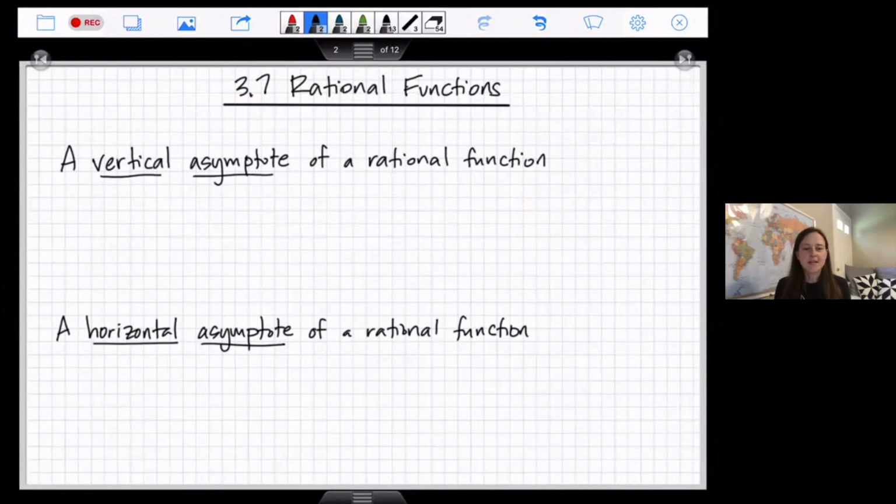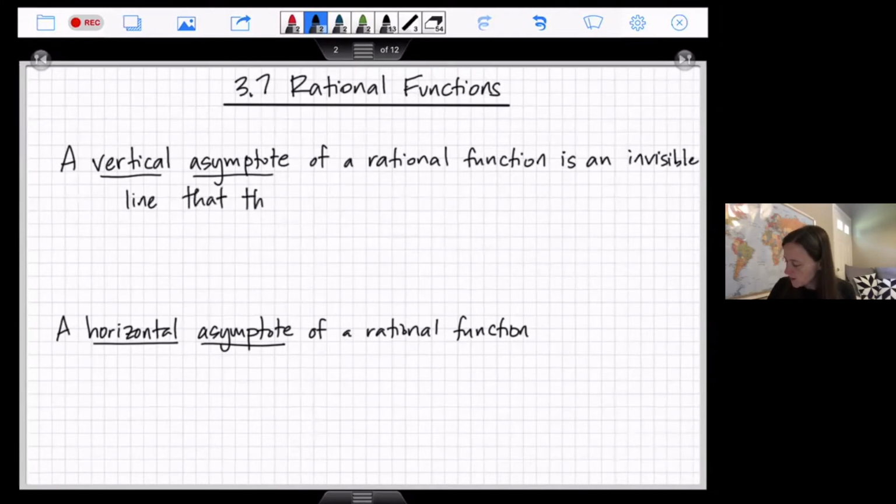So a vertical asymptote of a rational function is an invisible line, first of all, that the function will not cross. Right?